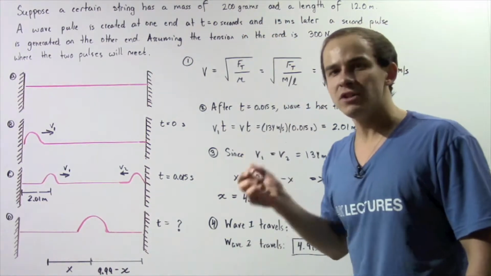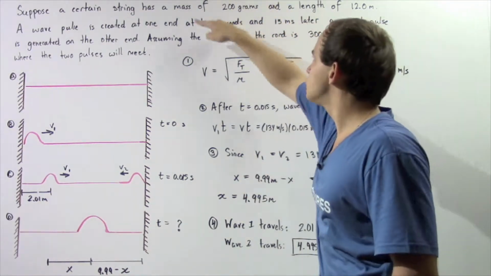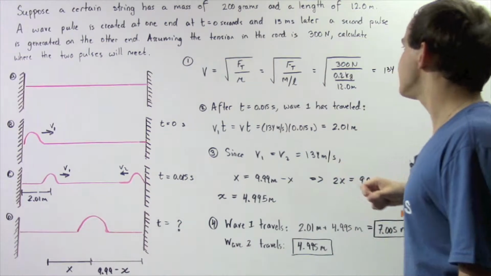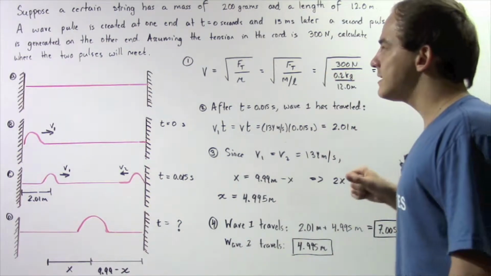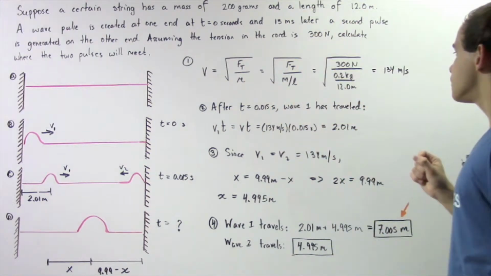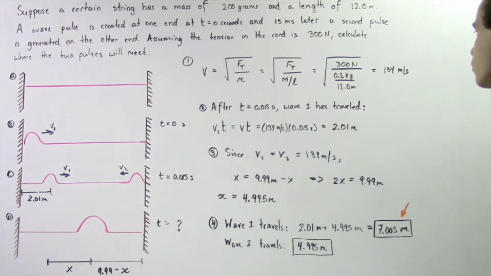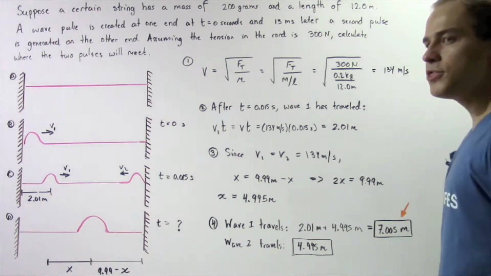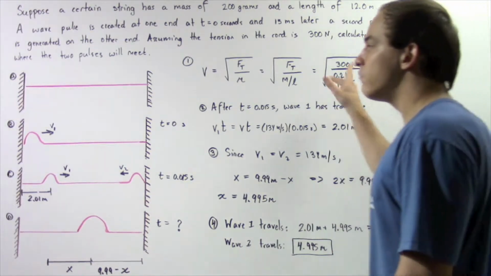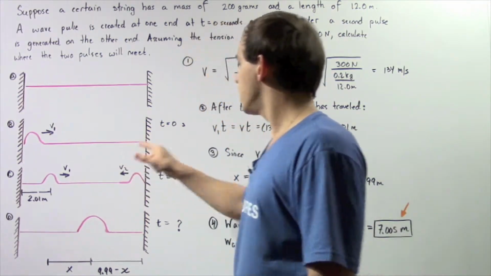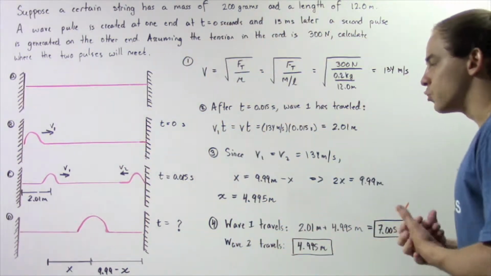It's 0.2 kilograms. So we simply take 200 grams and divide it by 1,000 to convert it from grams to kilograms. And our length is given to be 12 meters. So we plug that in, we take the square root, and we find a velocity of 134 meters per second. So this is the velocity of both wave pulse number 1 and wave pulse number 2.